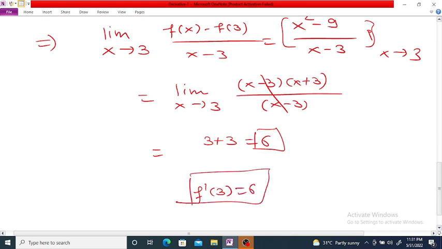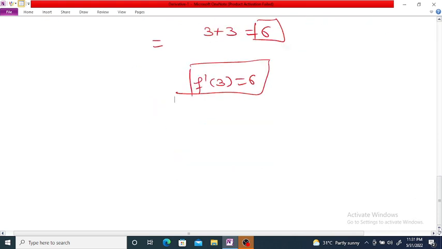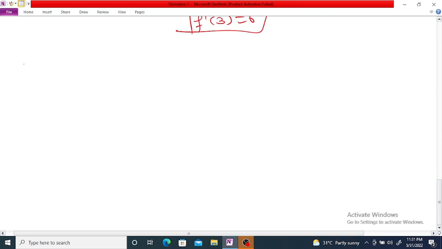Okay, now next, example number 3. We are going to discuss here the left hand derivative and the right hand derivative.